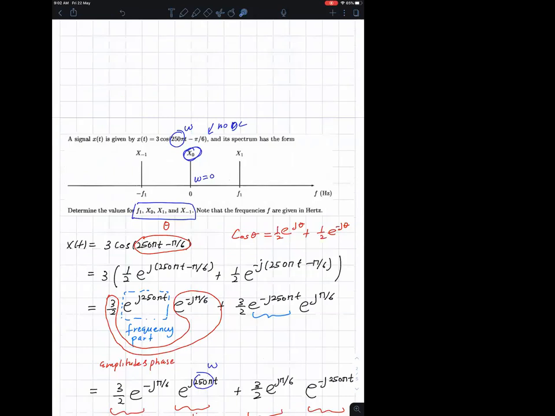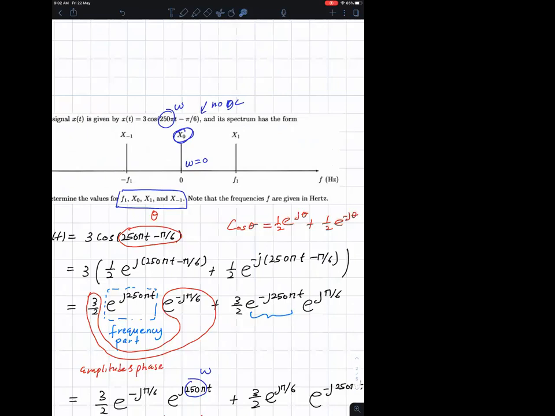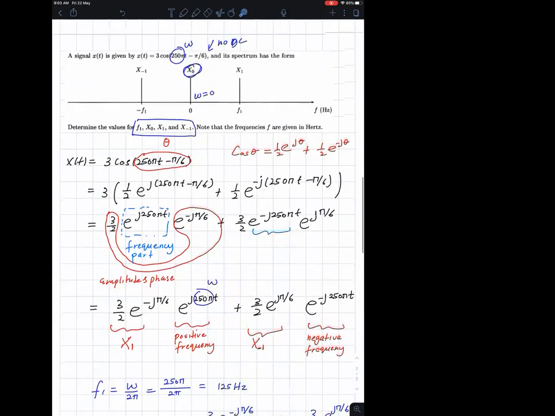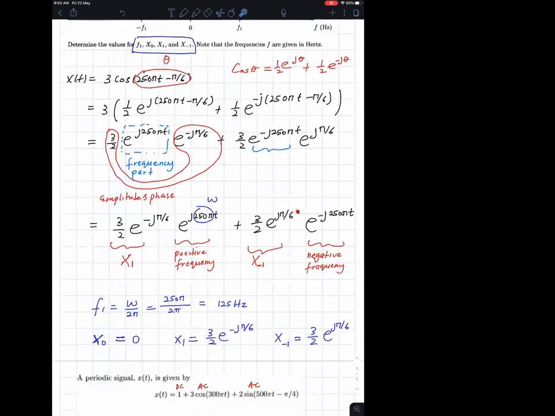You wrote the complex exponential form of equations like this, and then you combine the phase and amplitude, and then you separate the frequency part, and then from there, that's how you figure out the Fourier coefficients, like this one. Fourier means something related to frequency.